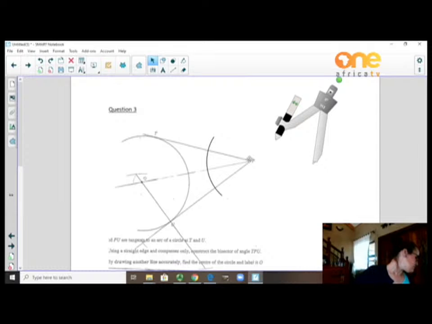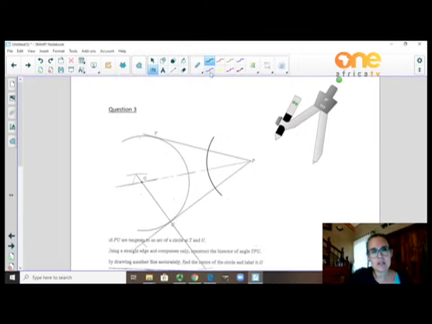Then you had to draw another line accurately, find the center of the circle and label it O. So you will put in your construction lines. There's some of my construction lines, as you can see. There's one of them. There's another one.